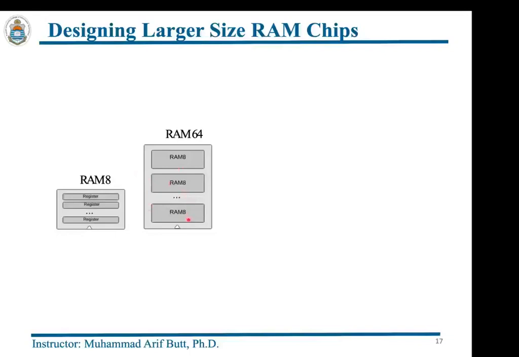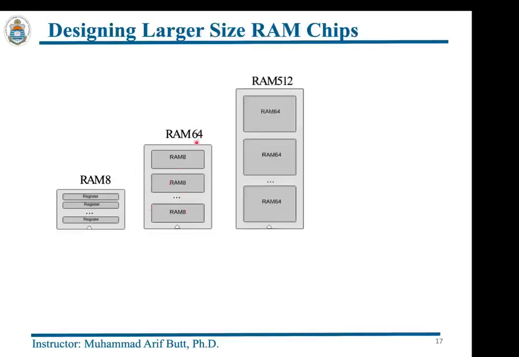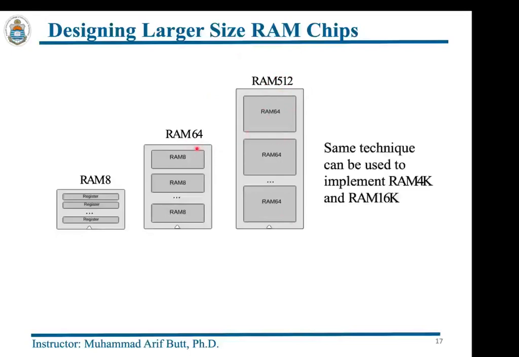And similarly, you can use this RAM 64 chip to build or design a RAM 512 chip having 512 16-bit locations, and this RAM 512 chip will be composed of, of course, RAM 64 chips, and the same technique can be used to implement RAM 4K and RAM 16K.